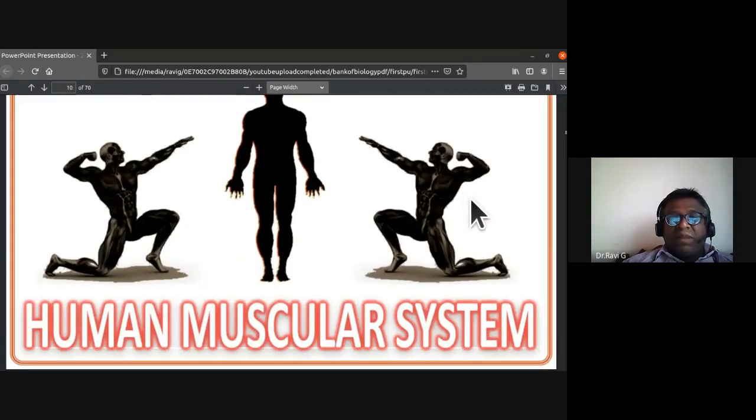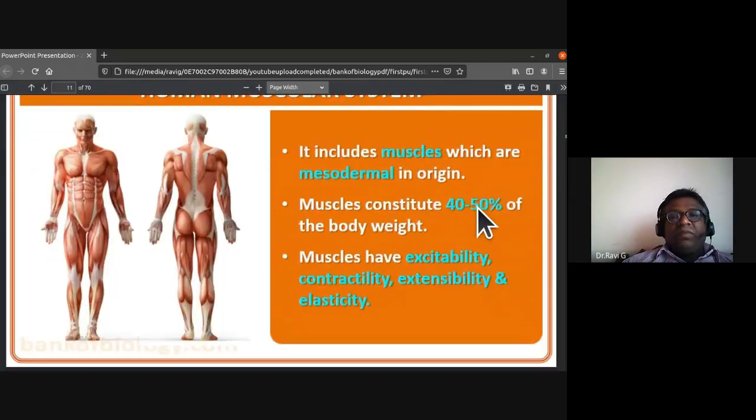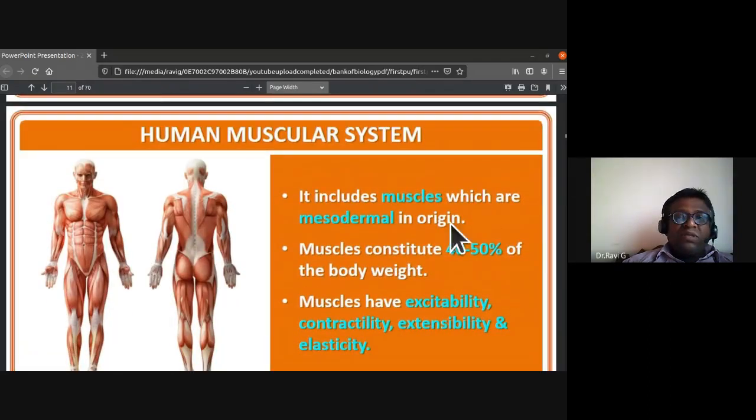So the next part that we'll discuss is about the human muscular system. The muscular system includes muscles which are all mesodermal in origin. So till now we have studied three types of muscles, isn't it?